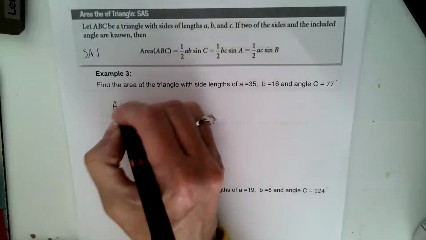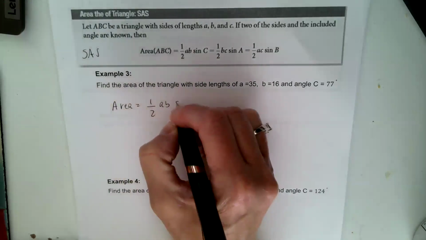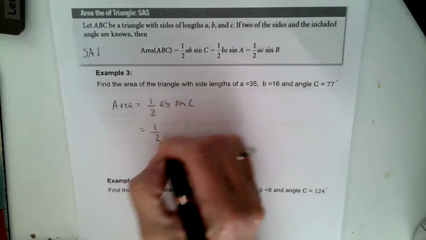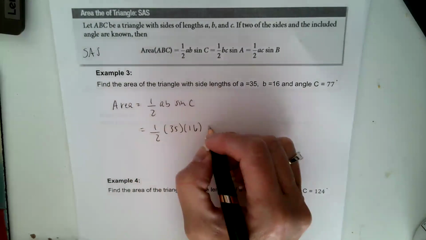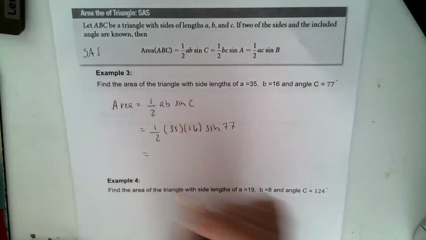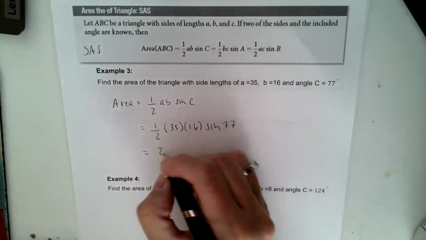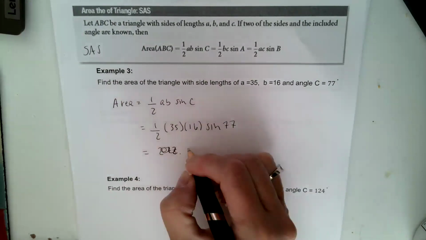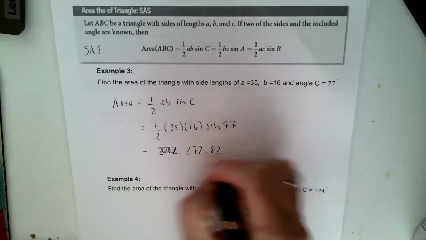So the area equals 1/2 AB sine of C. So we have 1/2 of 35 times 16 times the sine of 77. And when we put that into scientific Desmos, we get the area to be 272.82.